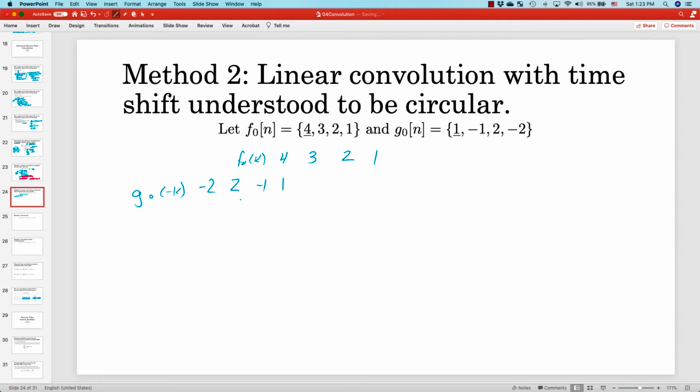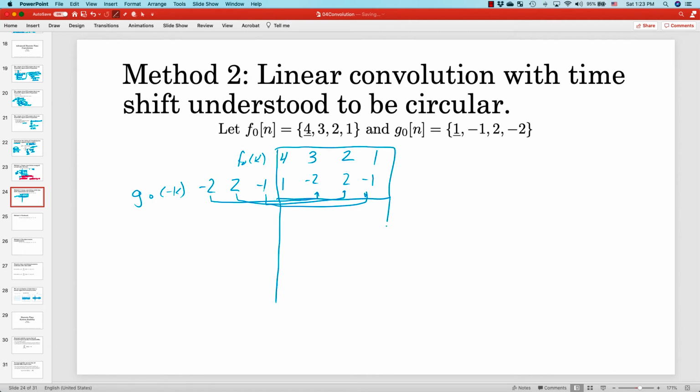But what I'm going to do is circularly shift these back around. So the minus 2 comes here, the positive 2 comes there, and the minus 1 comes there. Okay, so now this is g of minus k with a circular shift applied to it. This is what I'm looking at for my convolution now.